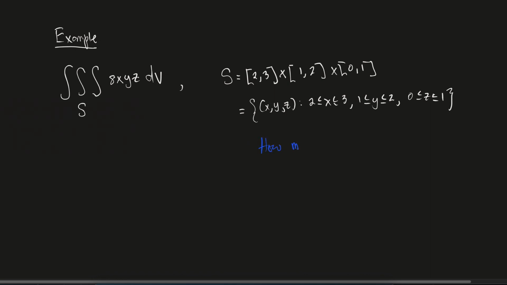So how many possible ways are there to evaluate this triple integral? Well, let's think about it. We have 3 variables, and because all the limits are constants, we can start with any of the 3. So for that first integral, we have 3 choices.